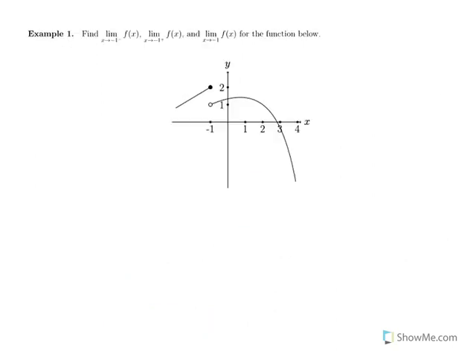Here is a function, and note that this function is not continuous. There is a jump discontinuity at x equals -1, and we're going to investigate this special point x equals -1. We're going to find the left-hand limit, the right-hand limit, and then the normal limit. So first, let's look at the left-hand limit.